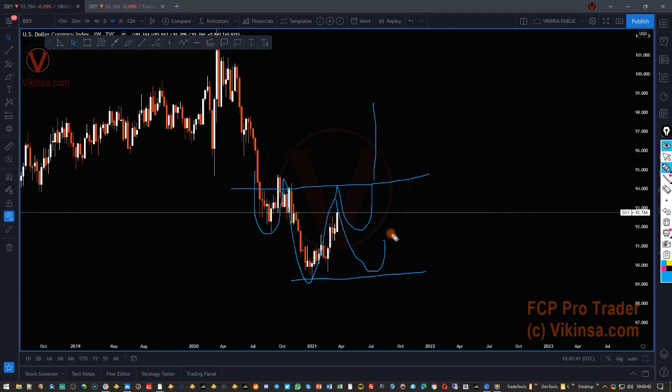But usually this stays within 61.8% of the previous move. So this is where things will start to get complicated if it starts to go back down to that level. For now, this is still going higher, and it can have some corrective structure to create this right shoulder here. So that's what we have overall.